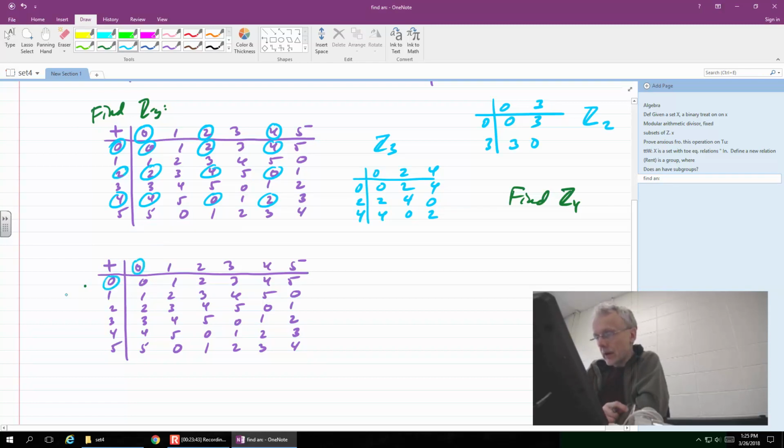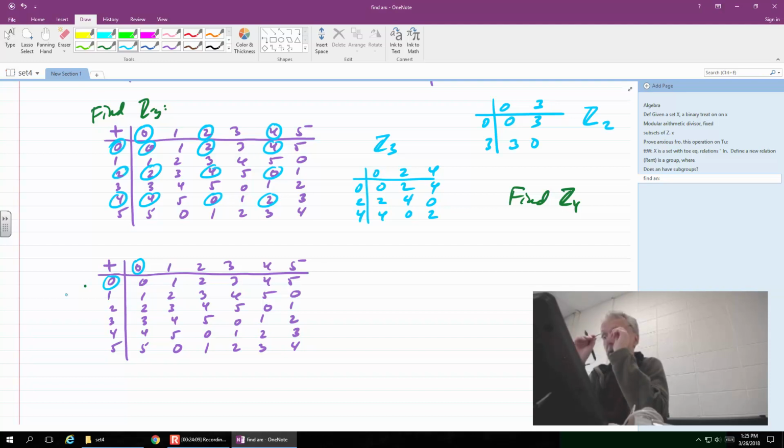And now we pick one of these elements. Is it 1? So does this group contain 1? If you start adding 1 to itself, what's going to happen? 1 plus 1 plus 1 plus 1. How many times do you have to add it to itself in order to come back to 0? 6 times.